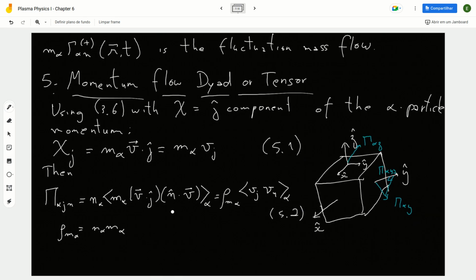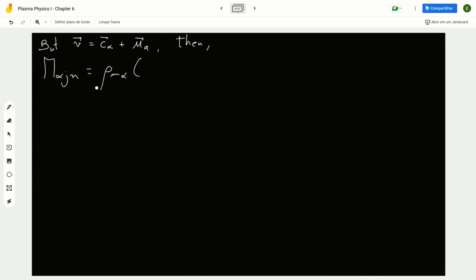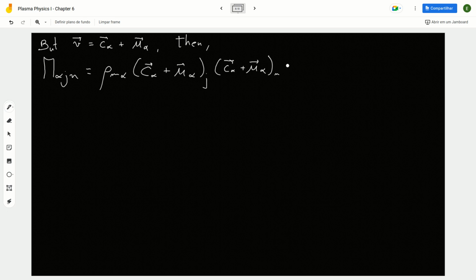We'll just expand this v here into c plus u: c alpha plus u alpha, j component, times c alpha plus u alpha, n component, and we are interested in the average value.